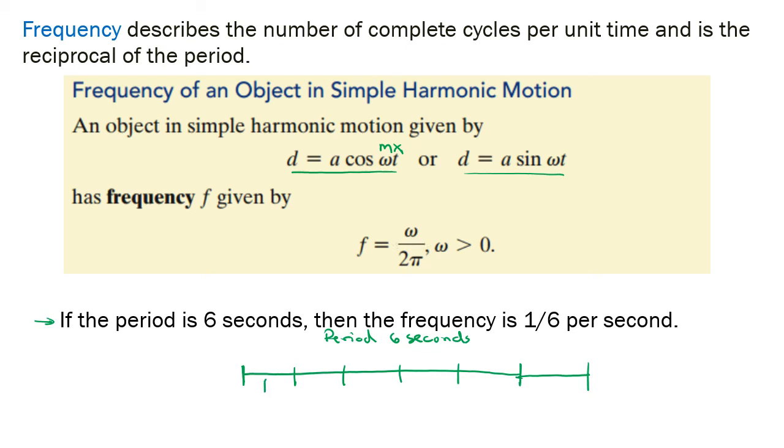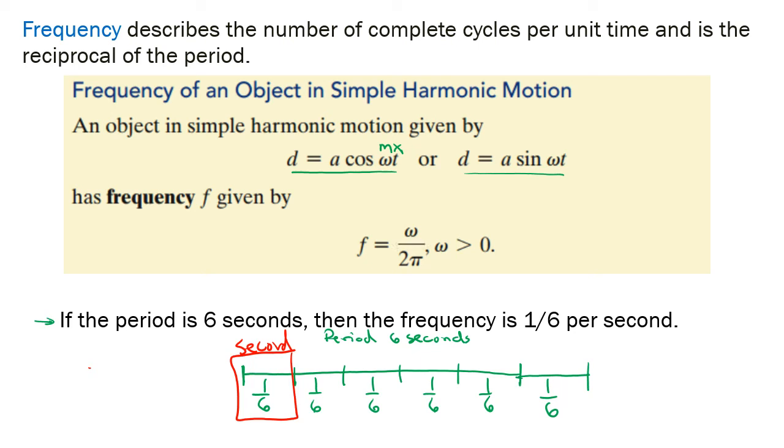So frequency is 1/6, one single second of time in that period. So if a period is 6 seconds, then the frequency is just looking at 1 second within those 6 seconds. And so therefore the frequency is 1/6.